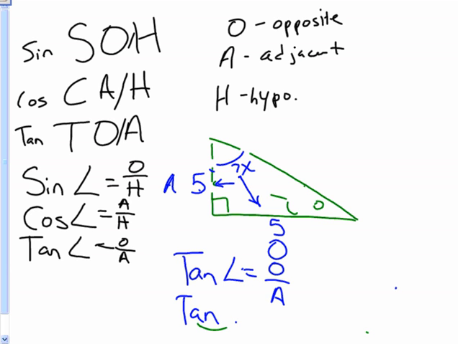I don't know, x, right? Equals the opposite, 5, divided by 5. 5 divided by 5 is a number. What is it in this case? 1. So the tangent of x is equal to 1.